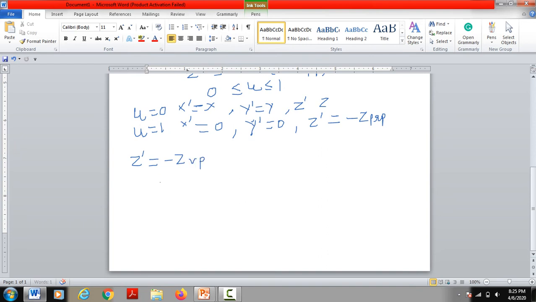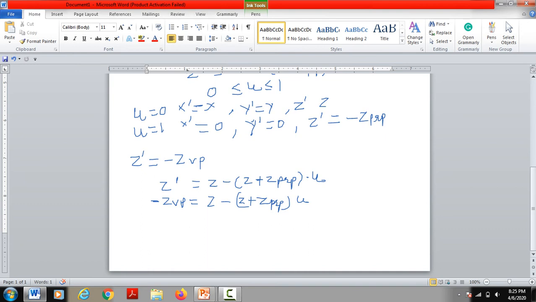So we can say that z dash is equal to z minus (z plus zprp), that is the parametric equation we just discussed, into u. So here z dash is equal to minus zvp is equal to z minus (z plus zprp) into u.